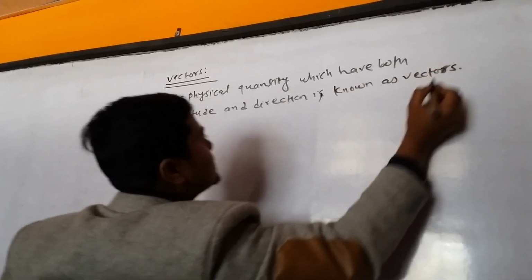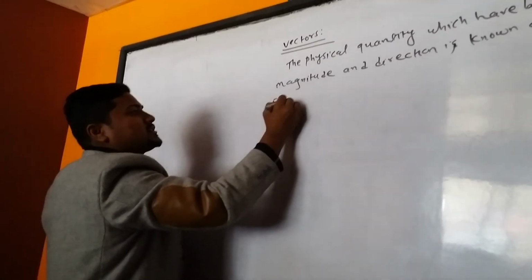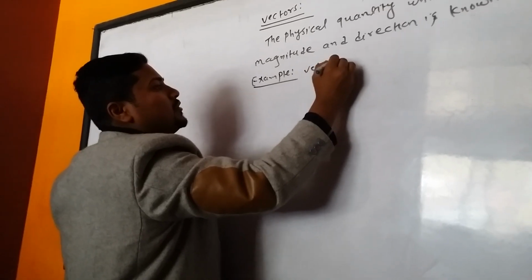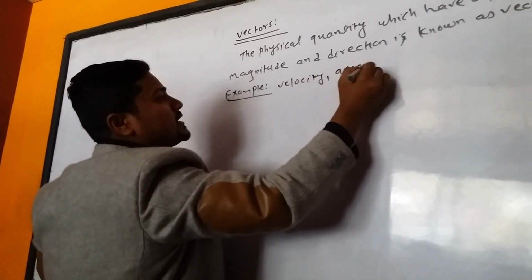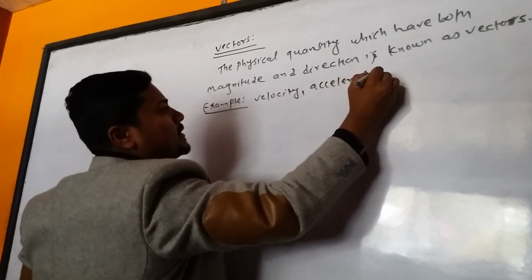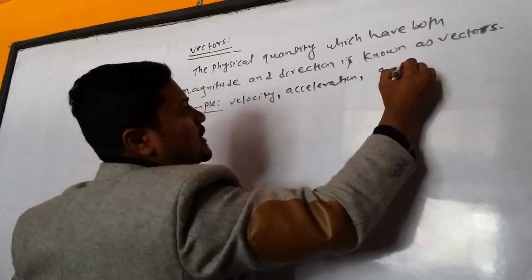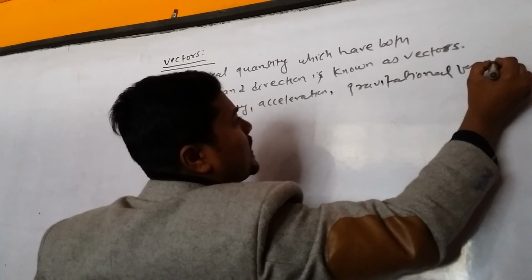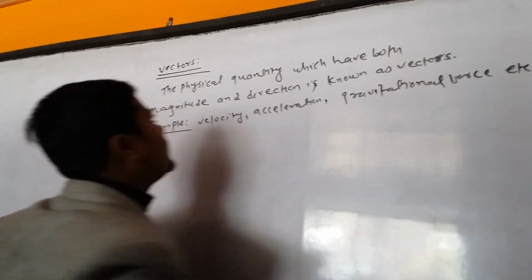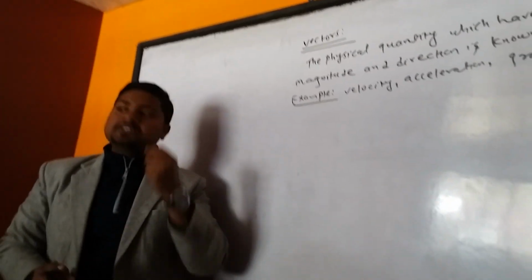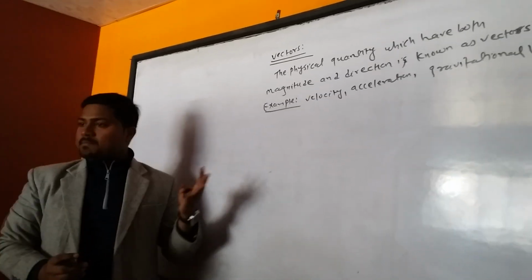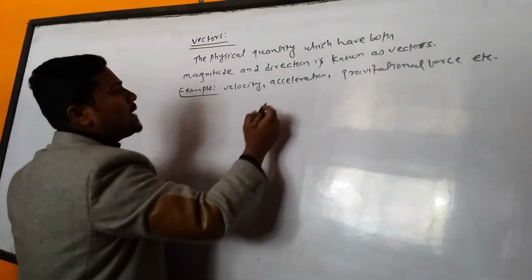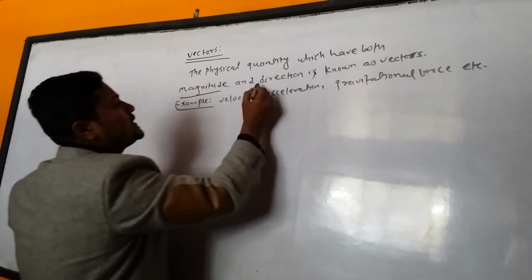We have a lot of examples of vectors, such as velocity, then acceleration, then gravitational force, and many more. I hope you have studied vectors in detail in science, but in maths, the physical quantity has both magnitude and direction.